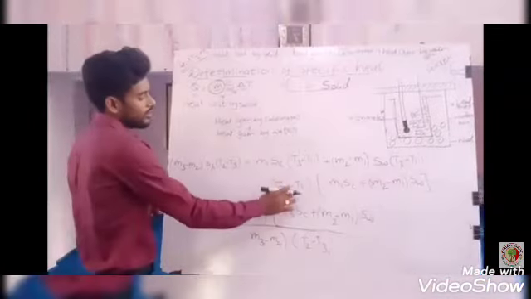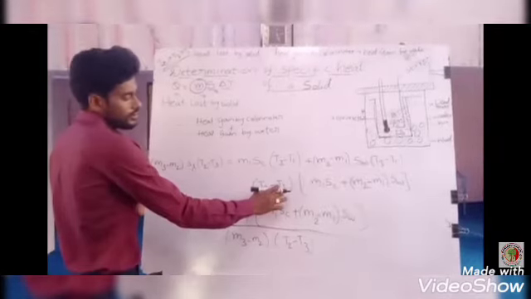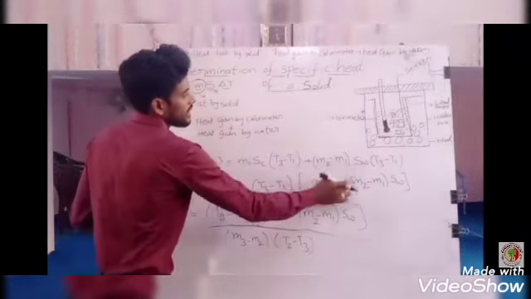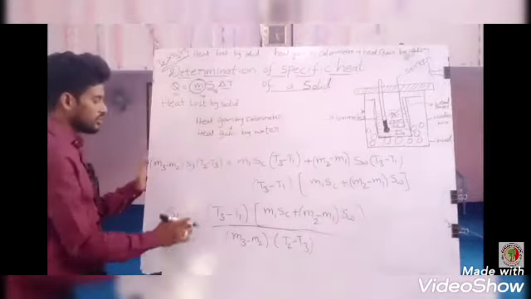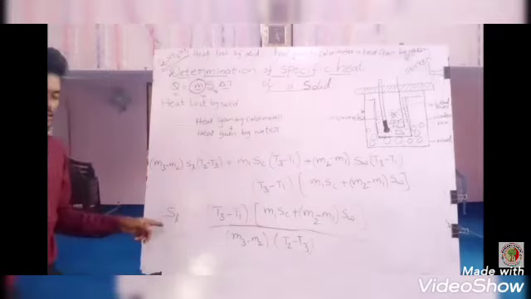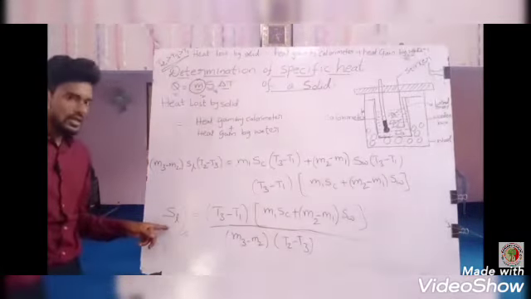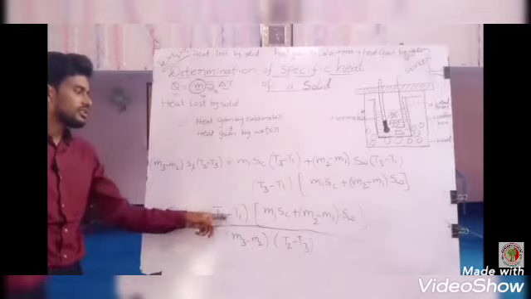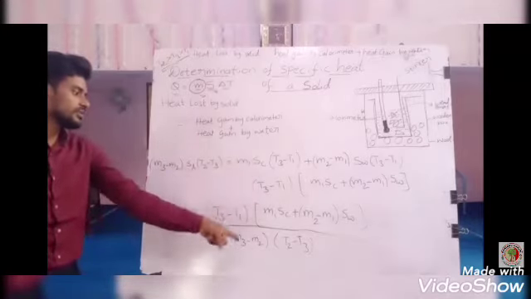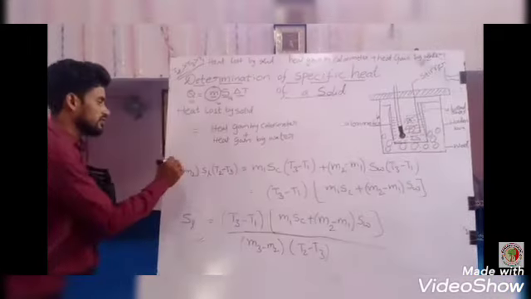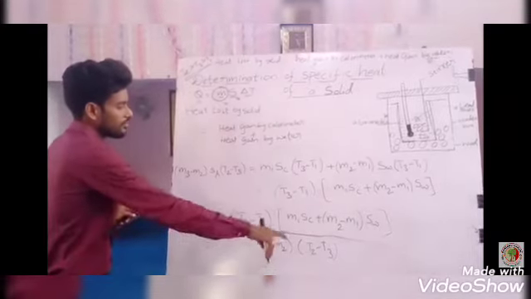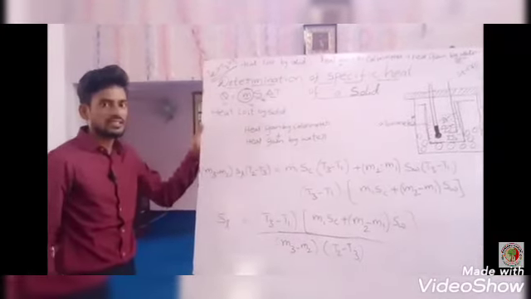Now take T3 minus T1 common: M1 SC plus M2 minus M1 SW. Our only aim is to find the specific heat of lead shots, SL, equal to T3 minus T1 times M1 SC plus M2 minus M1 SW, divided by the product M3 minus M2 times T2 minus T3.